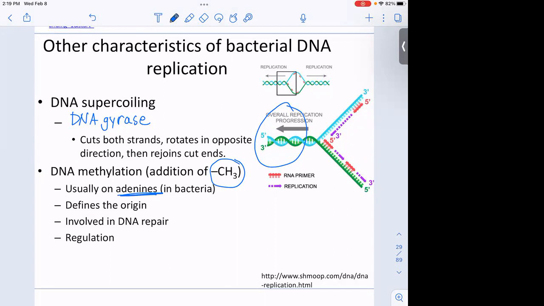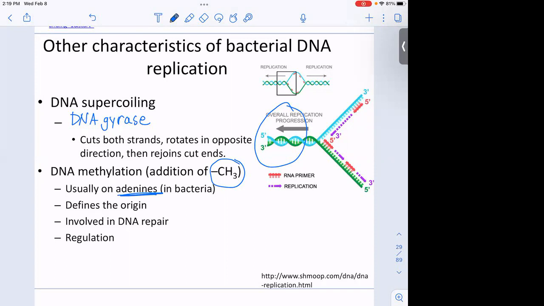Well, we'll see how that can play a role in DNA repair a little bit later, helping enzymes to understand, if there is a mismatch, like the wrong base was made, so that they don't actually complement each other, how does the enzyme know which base to fix? It's the strand that hasn't been methylated yet. Okay, so that methylation, we'll look at that again in more detail later.